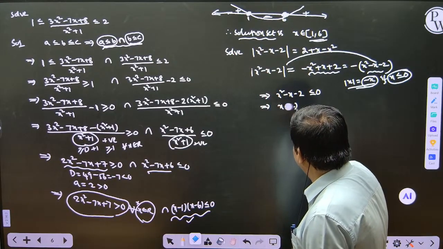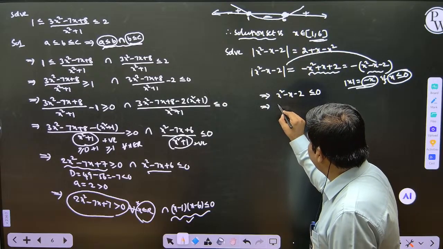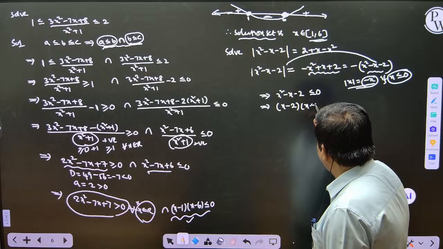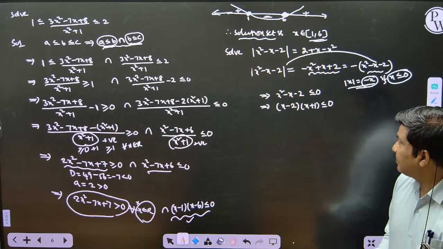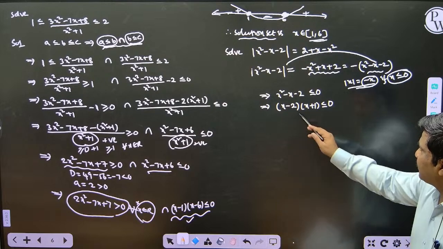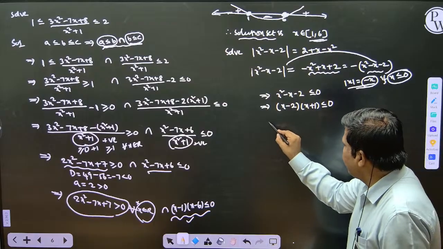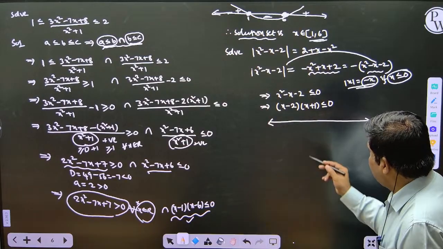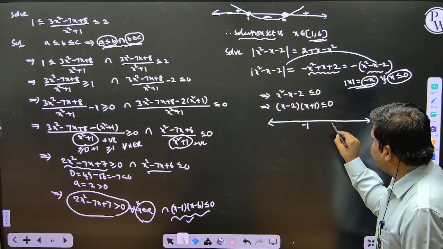This implies x minus 2 into x plus 1 is less than or equal to 0. x square plus x minus 2x minus x minus 2. Right, on the real line, equal to zero, we get what? Minus 1 and plus 2.